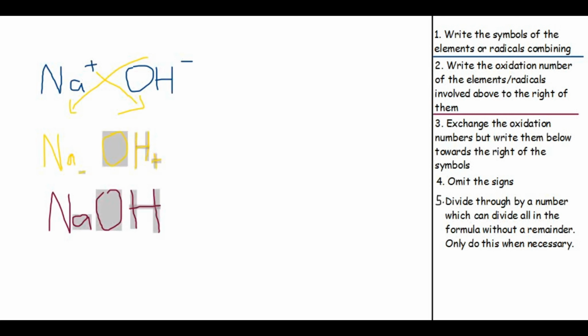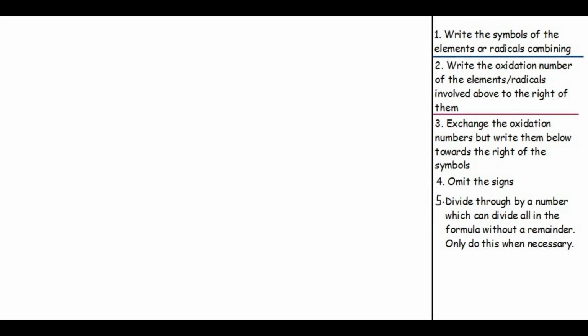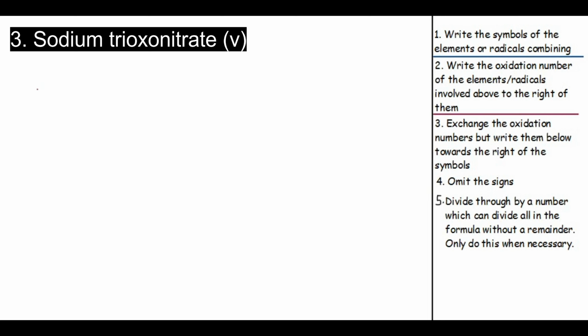Now let's try another one. If we are asked to write the chemical formula for sodium trioxocarbonate 4, for instance, pardon me, sodium trioxonitrate 5, we know that from the name, the compound includes sodium and the trioxonitrate 5 ion.